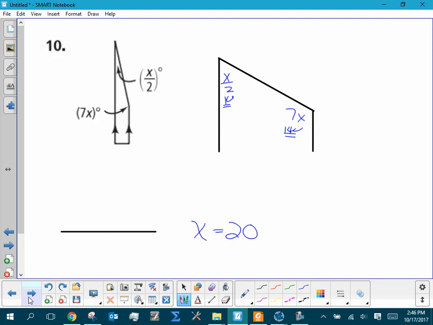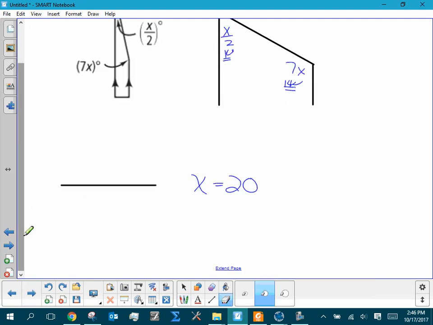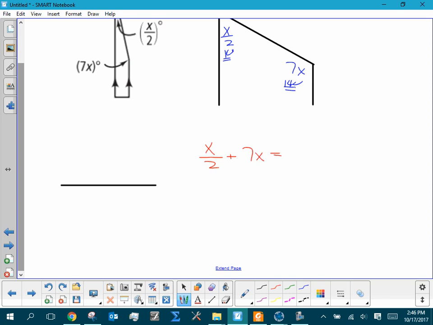There's other ways to do this. That's what I like about math. Okay, you might dislike it, but there's other ways of doing this. I've got x squared plus 7x equals, what do we say, 180? Okay. Can I rewrite this as x over 2 plus 14x over 2 equals 180? Is 14 over 2 still 7?